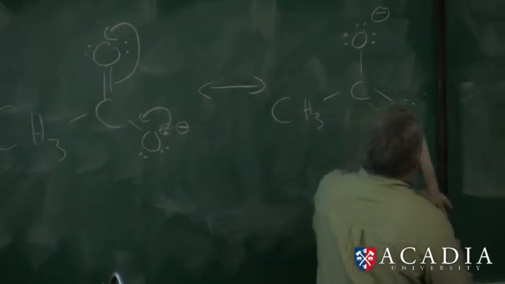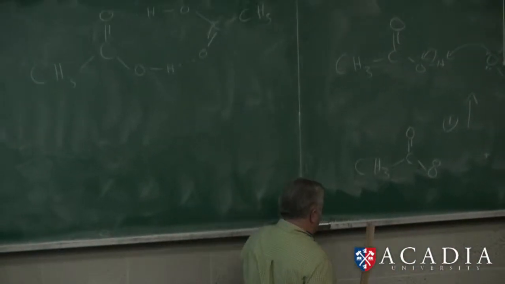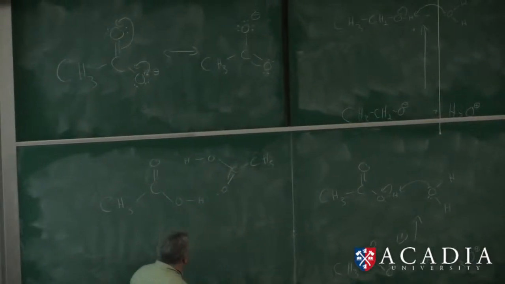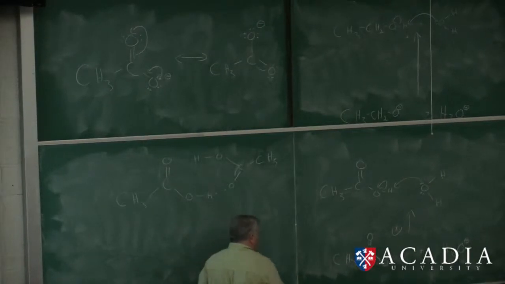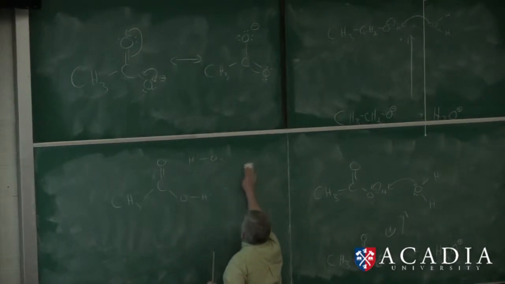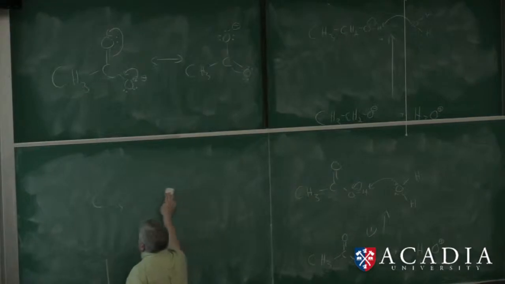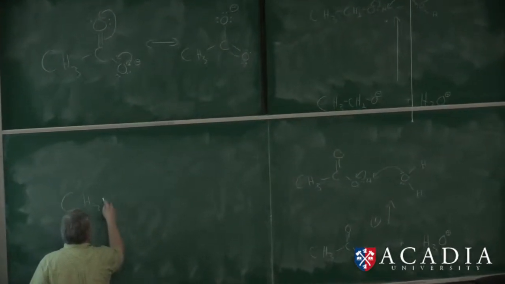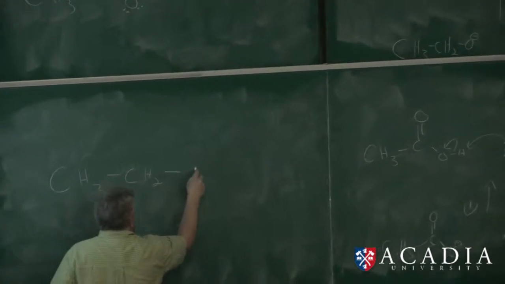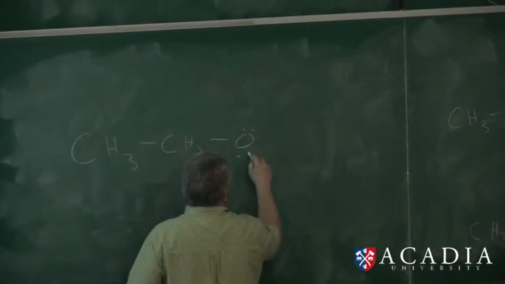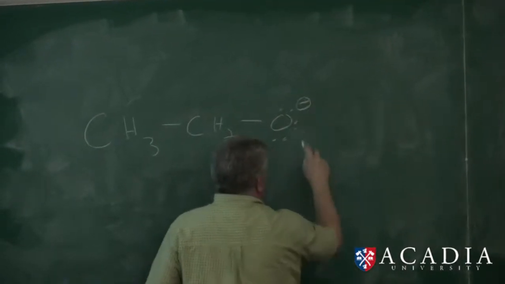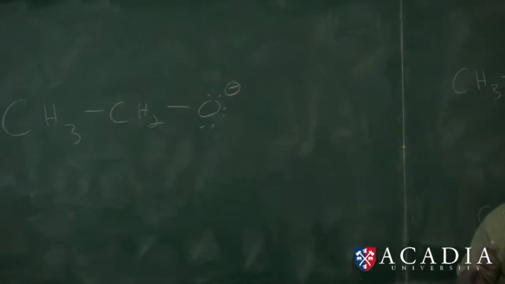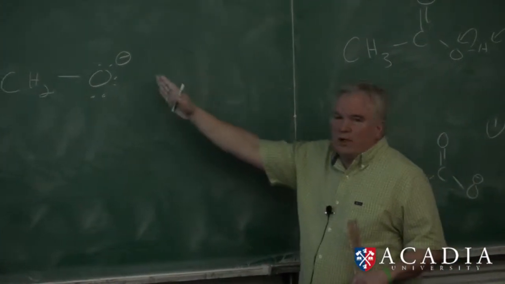If we take a look at the ethoxide anion, by our rules of resonance, we cannot draw any resonance structures. So that negative charge has to exist solely on that oxygen.